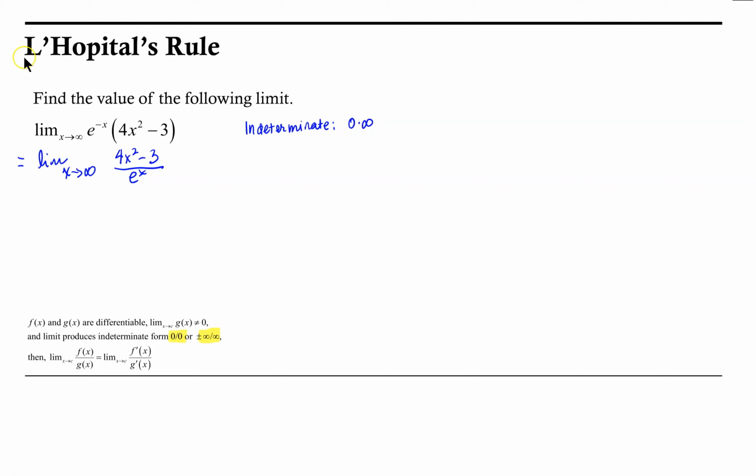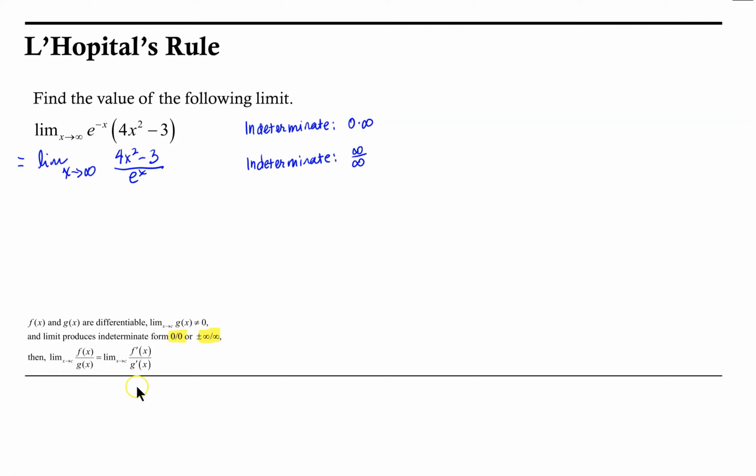Now, in that form, as x approaches infinity, my numerator approaches infinity and my denominator approaches infinity. So now this limit is indeterminate, but this time that form is infinity over infinity.